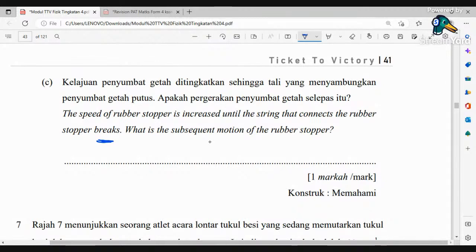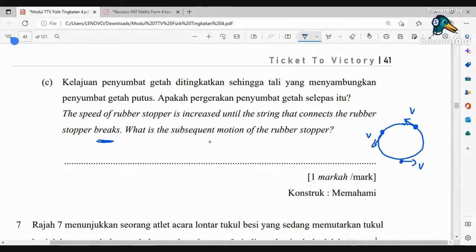Part C. The speed of the rubber stopper increases until the string that connects the rubber stopper breaks. What is the subsequent motion of the rubber stopper? Just now it moved in a circle with direction that keeps changing, which is tangent to the circle. So when the string breaks, it will continue in the same direction due to the effects of inertia.